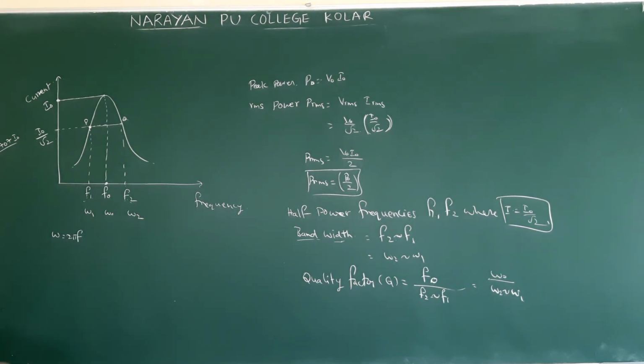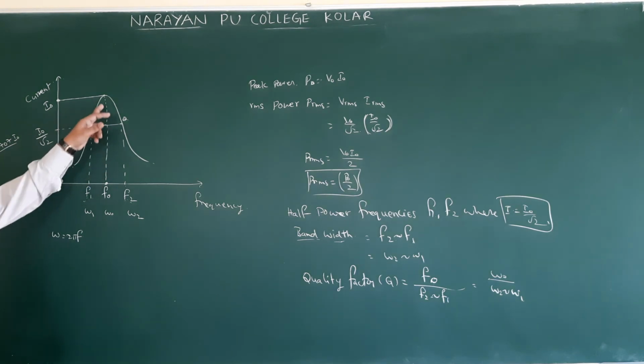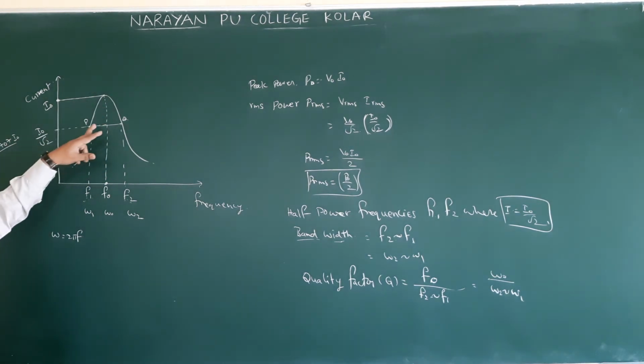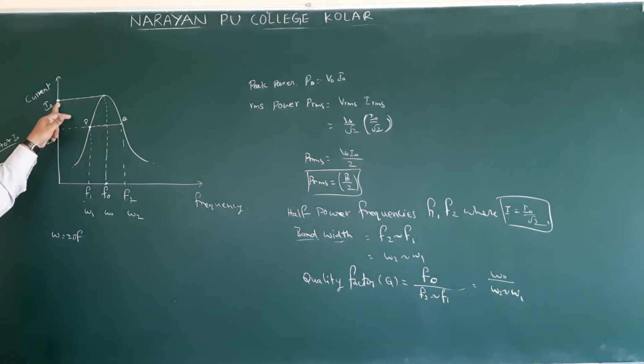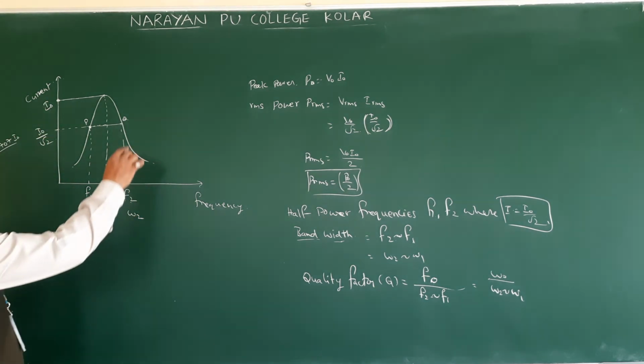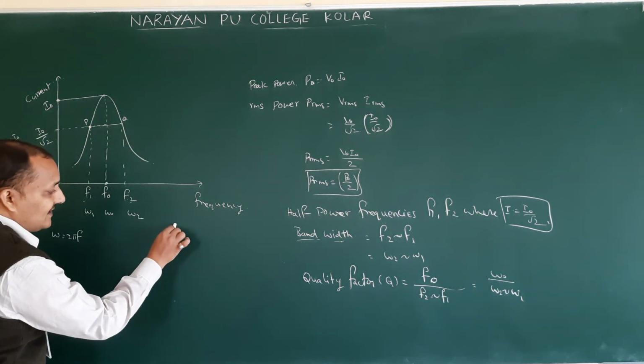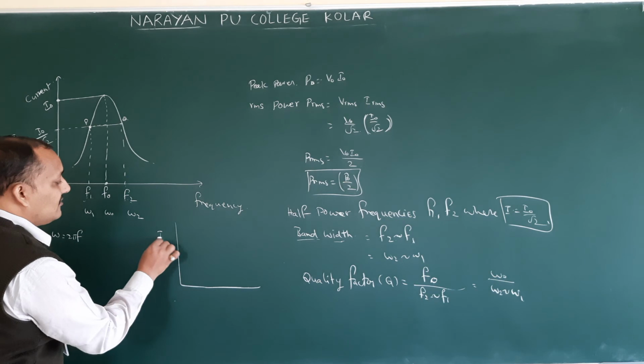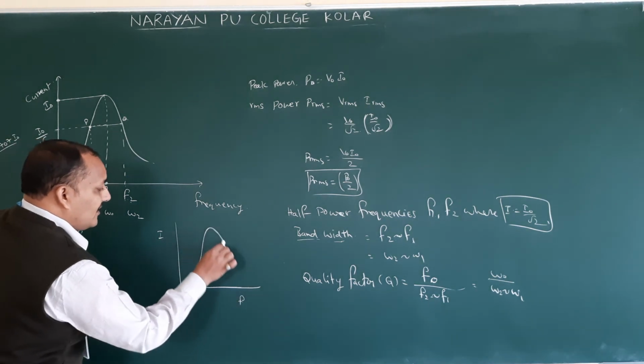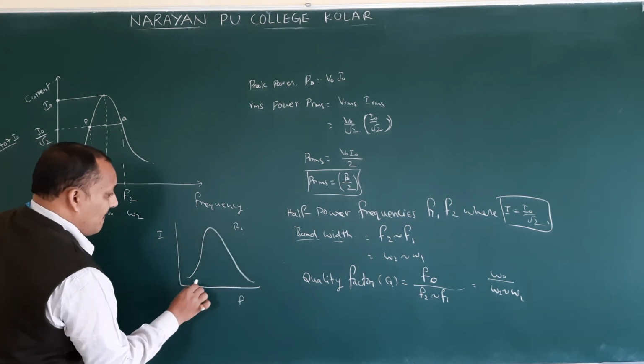Next, sharpness of resonance. I told you this is for one resistance value. If you change the resistance, the peak current changes. If you increase the resistance, I naught becomes less. If you want to draw the graph for two different resistors, current versus frequency, it is in the textbook, you can see once.